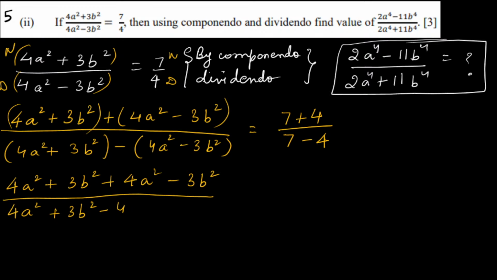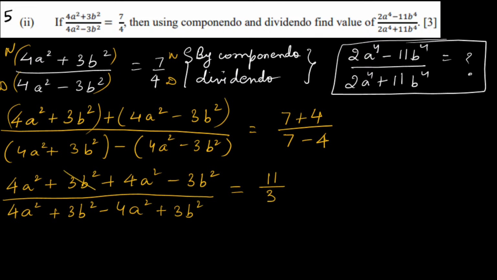So this will become minus 4a square plus 3b square. Because whenever minus is outside the bracket, due to minus multiplication, the signs get changed. So just remember, if minus is outside, you have to change the inner signs. So I just change this minus to plus. 7 plus 4 is 11. 7 minus 4 is 3.